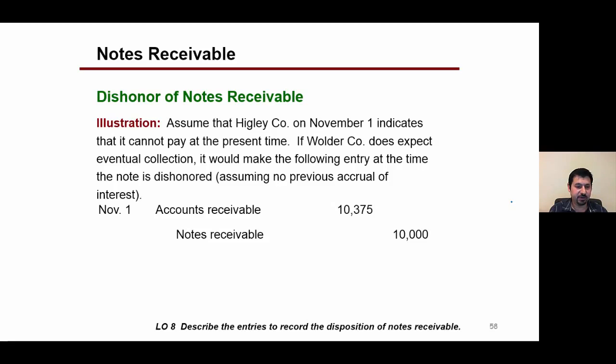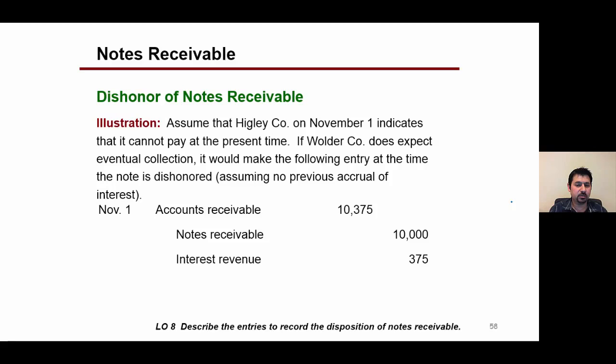Remember, it's always face value, and it will also credit interest revenue 375. So basically, the company recognized the interest revenue. They also credited note receivable, but because they did not receive cash, and still expect payment from Higley Company, they debited accounts receivable the amount.